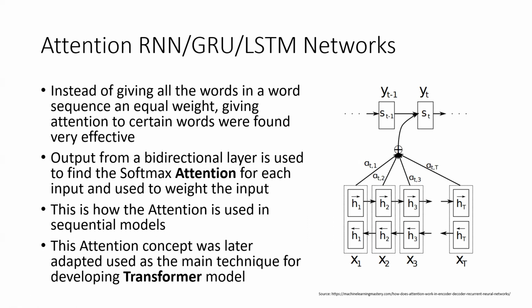But the reality is that each word is important if it is relevant to the other words of the same sentence. So if there are t number of words in the sentence, for example, then we can use this kind of bidirectional RNN model, get their outputs and take a softmax attention.